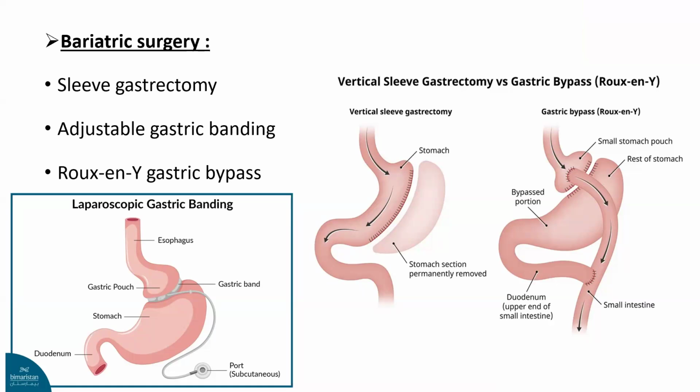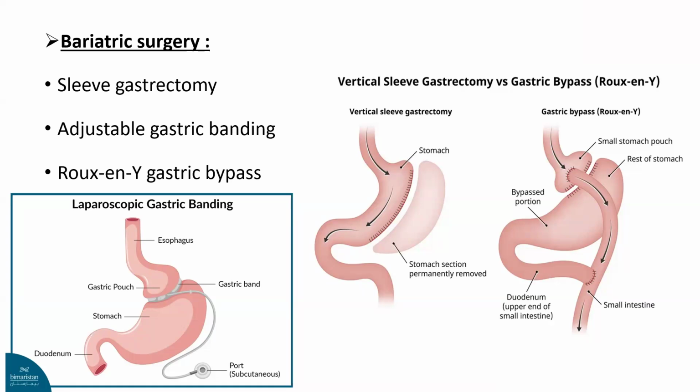Okay. So you have to open the lesser omentum along the lesser curve, and then you enter that space. The gastrohepatic and phrenoesophageal ligaments are all separated, and then you create the space posterior to the esophagus, taking care not to injure the vagus.